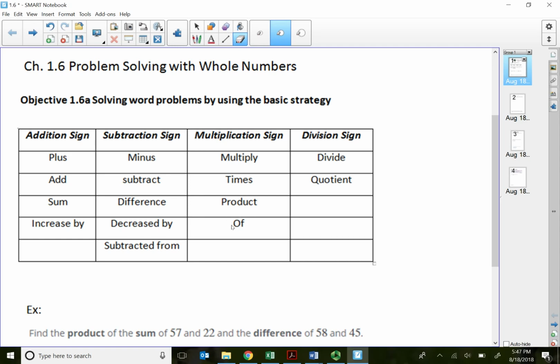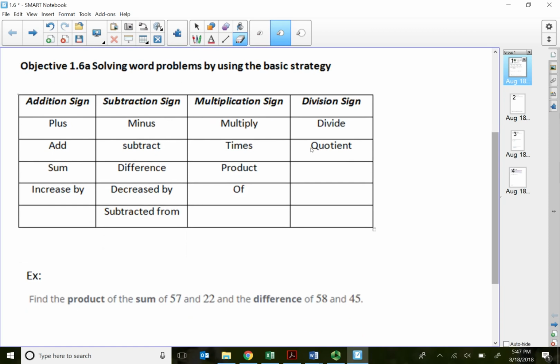The word of means multiplication when we are dealing with fraction wordings or percent. For division, we got divide and the word quotient. Quotient means the answer you get after you divide. Therefore, quotient translates into division. So let's take a look at some of these problems real quick.